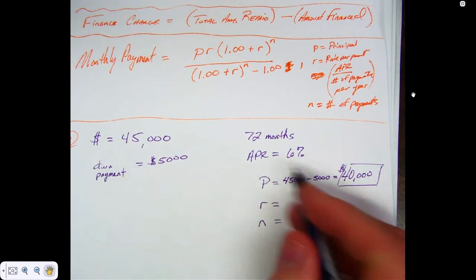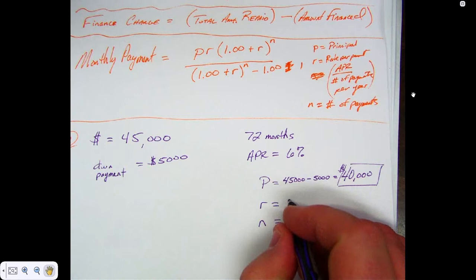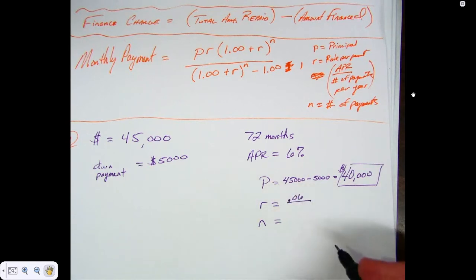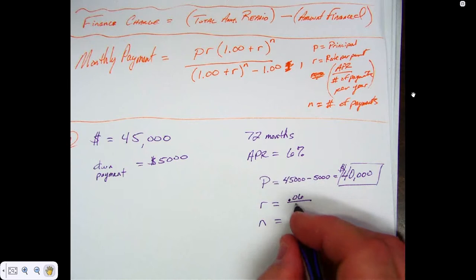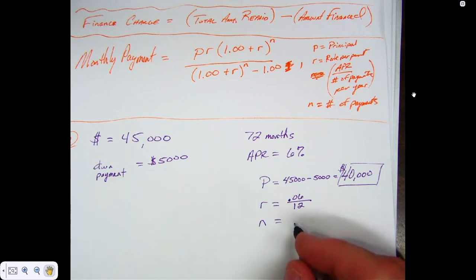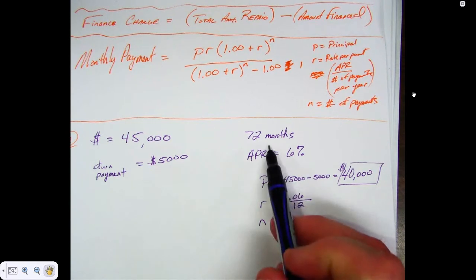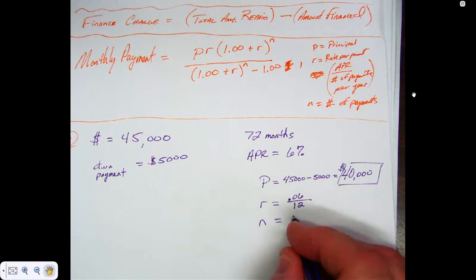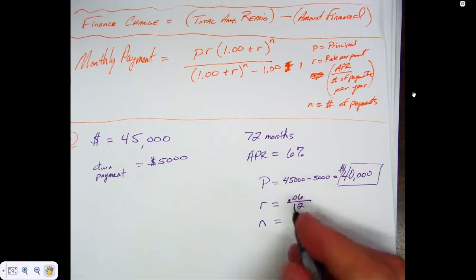So our APR is 6%, which I write as 0.06, divided by how many payments we're going to make per year? 12. So that's what you're going to put in for R. N is the number of total payments we're going to make. If we're paying monthly installments and paying this off in 72 months, how many payments are we going to make? 72.